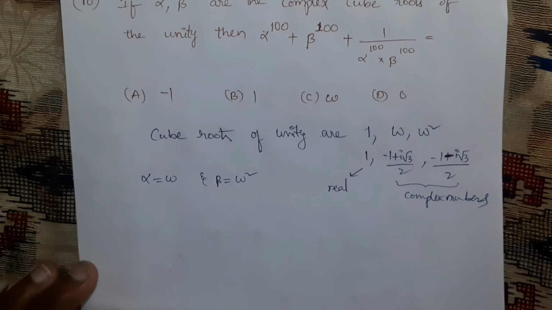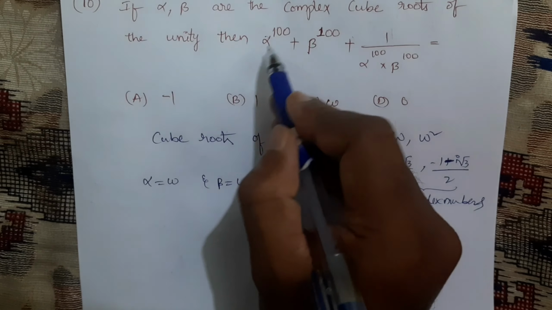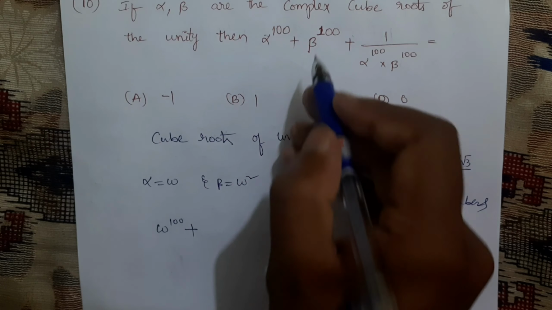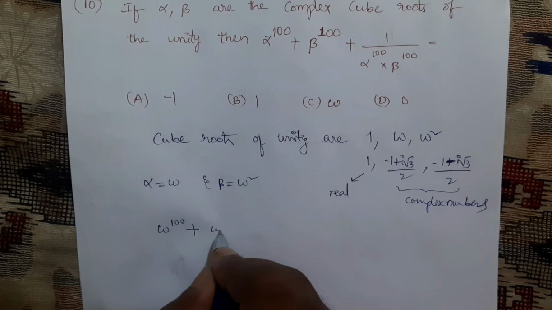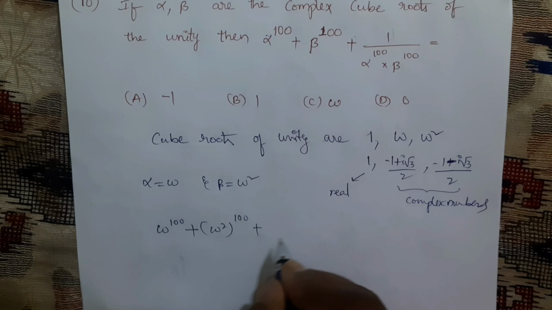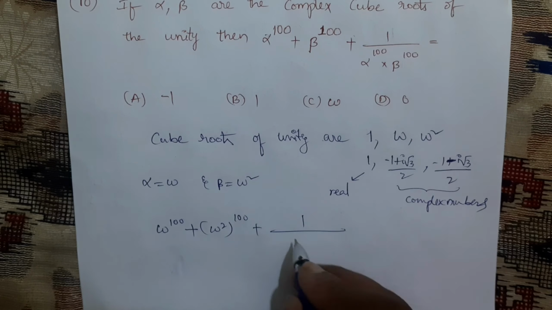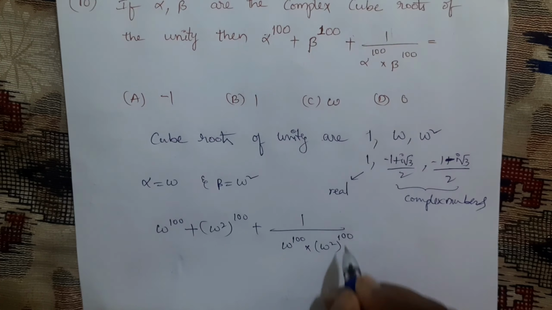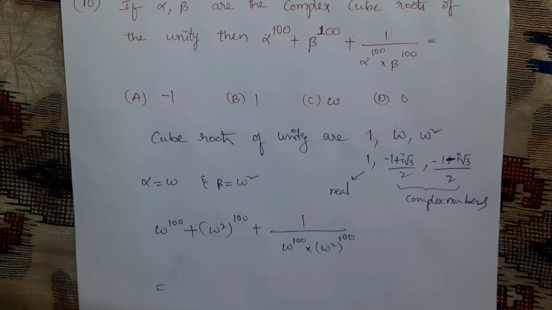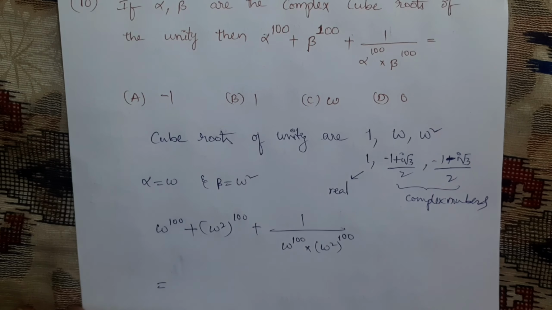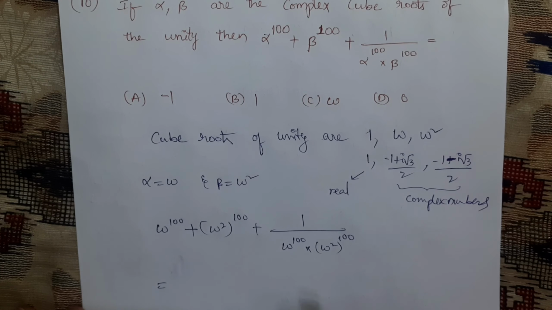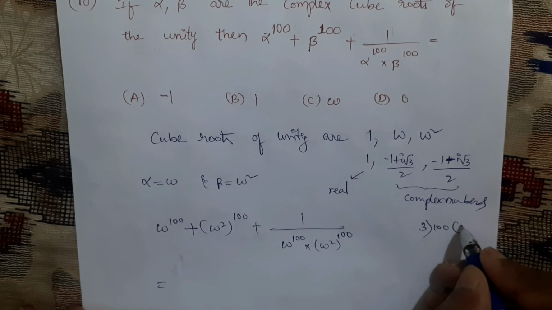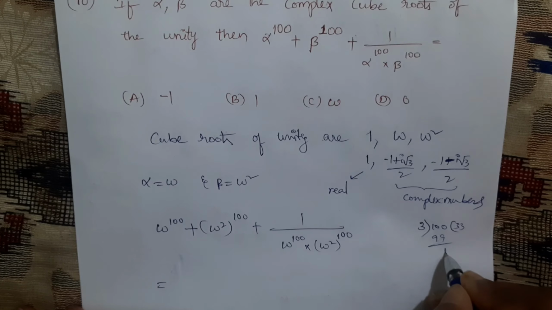Simple. Now we need to substitute in this given equation. Alpha power 100 is omega power 100, plus beta power 100. What is beta? Omega square power 100, plus 1 by alpha power 100, nothing but 1 by omega power 100 into omega square power 100. Now we need to simplify this. Okay, students, omega power 100: we simplify by dividing with 3. 33 threes are 99, the remainder is 1.